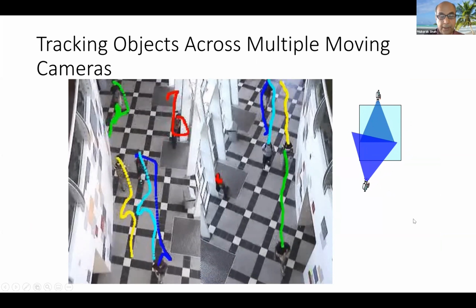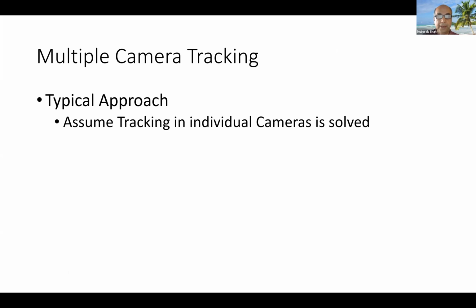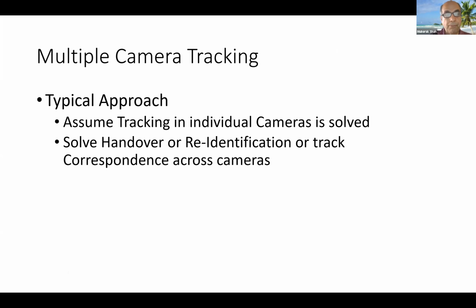So this is a pretty challenging area of solving this tracking problem. Now for multiple camera tracking, the typical approach is to assume tracking in an individual camera is solved, and then we solve the handover or re-identification or track correspondence across cameras. That's what we did in these three examples I showed you.